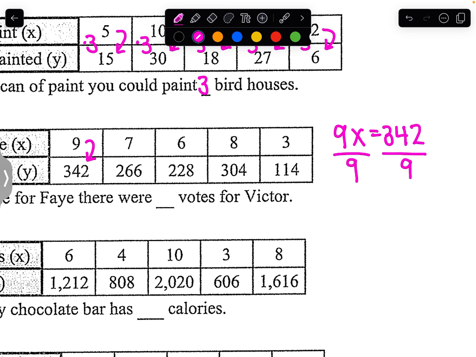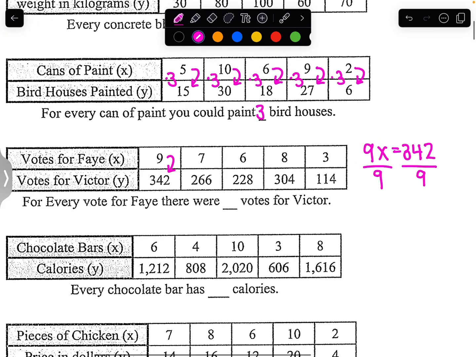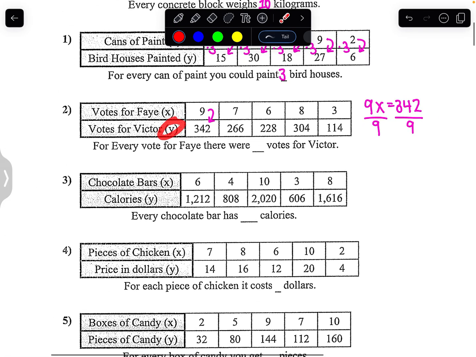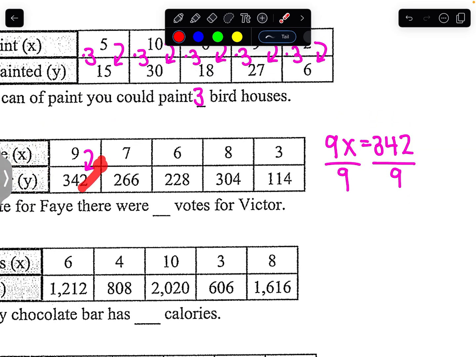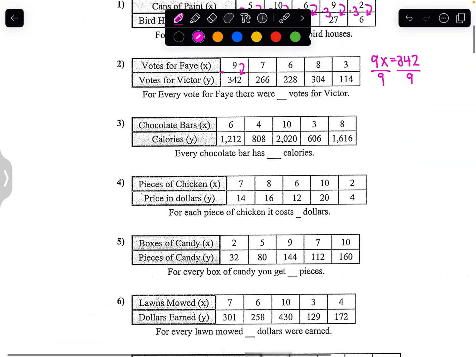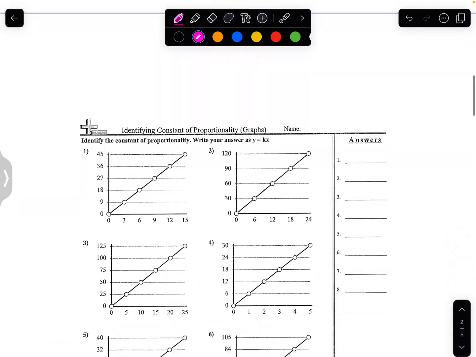You can find the ratio. Remember, yesterday we talked about the ratio of y over x, and for all of these tables, your y is going to be on the bottom, your x is going to be on the top. So if you just go ahead and divide those two numbers, then you will find what the multiplier is. Okay, so that's that first page. That's what you're looking for there.